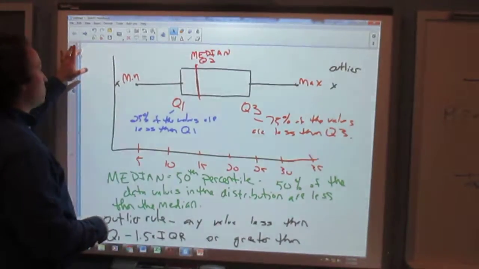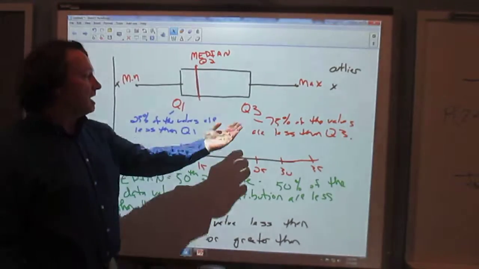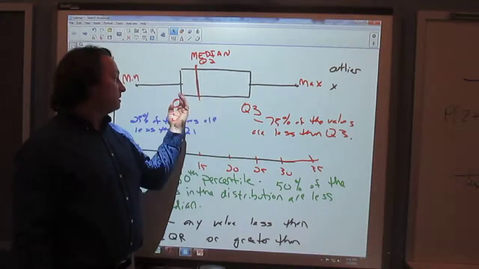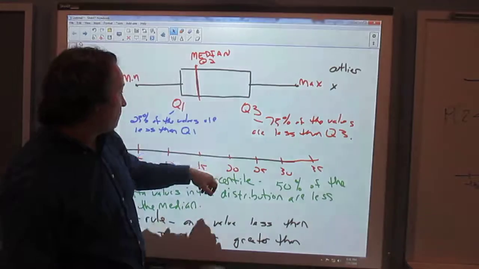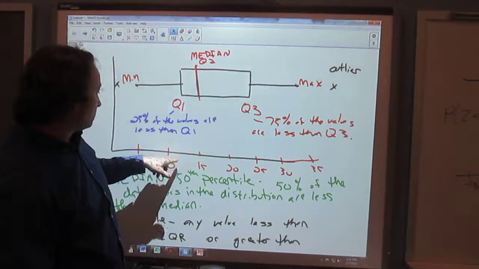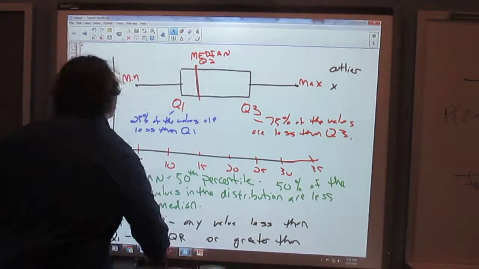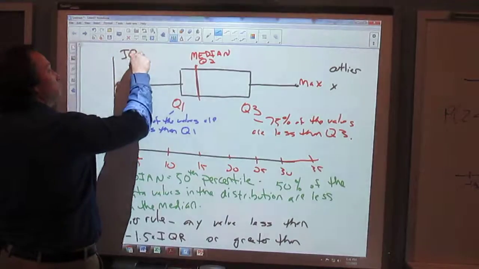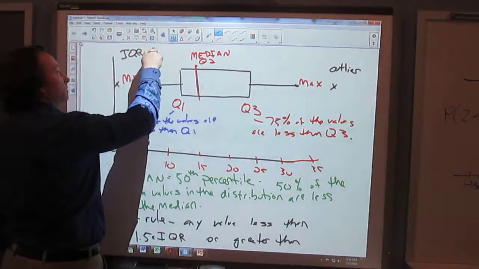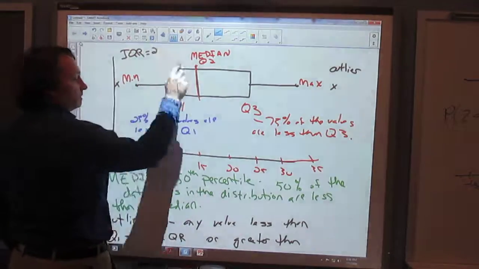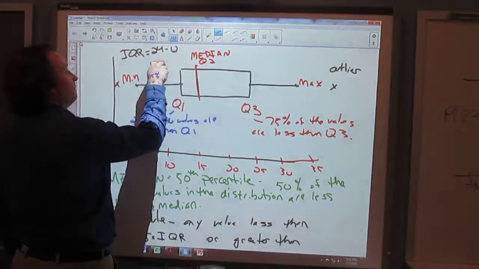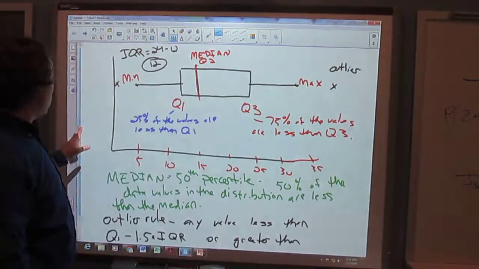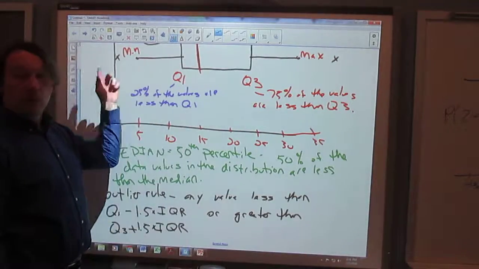They call it the interquartile range, and that would be quarter 3 minus quarter 1. So quarter 3 is about 24, quarter 1 is about 12. The IQR would be 24 minus 12, which is 12. And then we'll just plug it in and see if anything was smaller or greater than that.